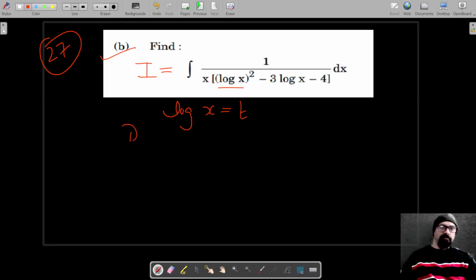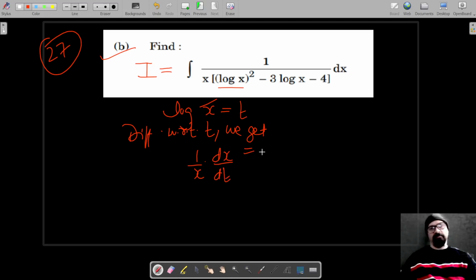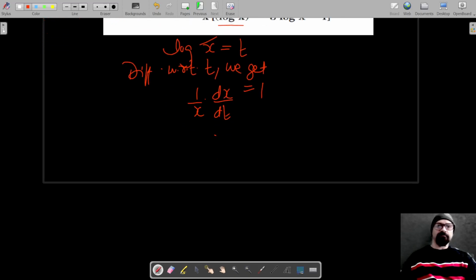So log x is equal to t, and differentiating this with respect to x, the differentiation of log x is 1 by x, so dx by x is equal to dt.